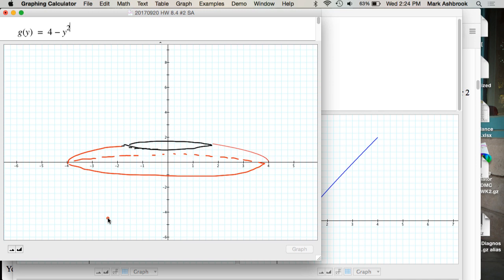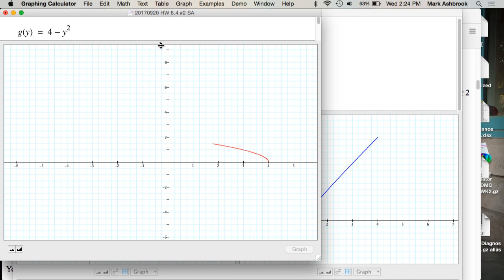Okay, so I need my surface area function, which, as we know, uses the arc length, but there's also what? Our typical frustum is going to look like this.